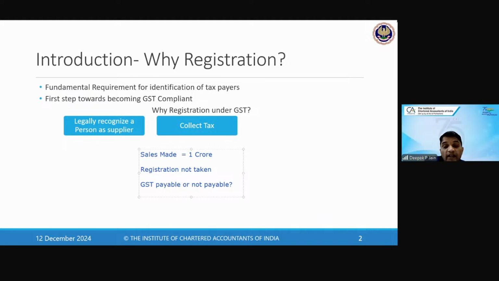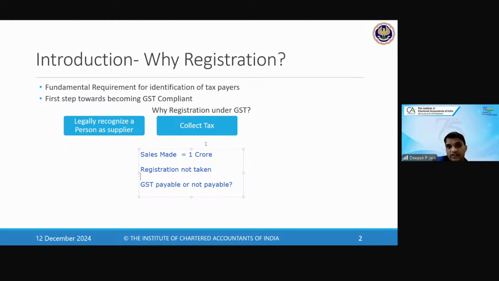Once you make any supply, even if you are not registered, you are making a taxable supply which is crossing the threshold limit, so you have to pay. So why will somebody take a registration just to pay? Because if he registers, then he can collect the tax from his customers.